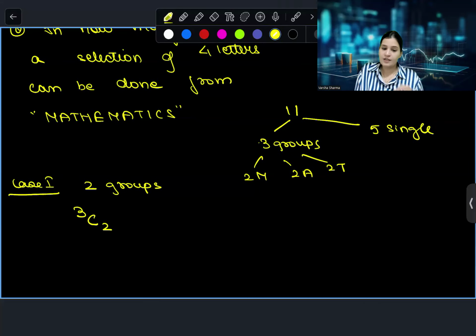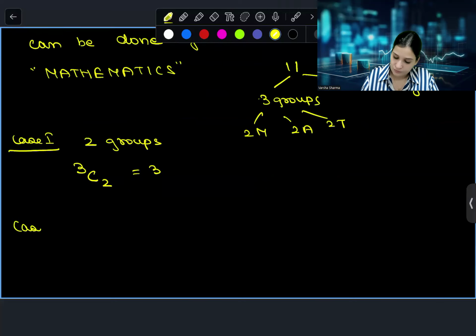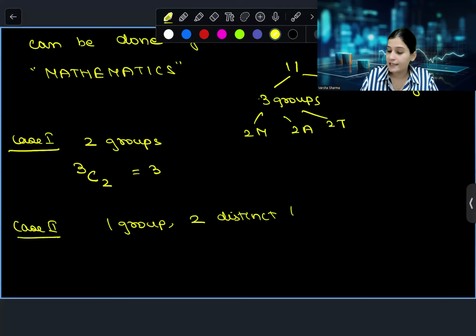Yes, ma'am. Now 3C2 is basically 3. Case 2: I can have 1 group and 2 distinct, single letters. Can I say that? Yes, ma'am. So select a group. In how many ways can I do that?